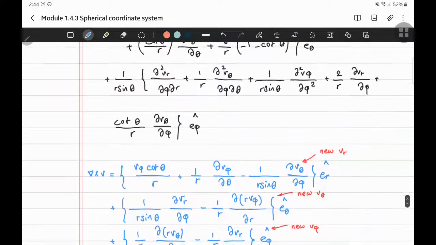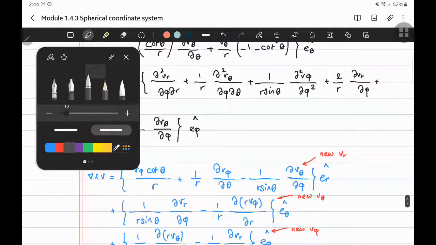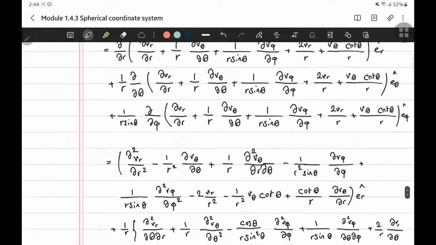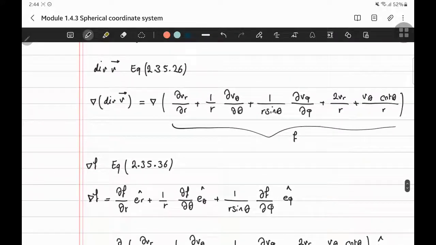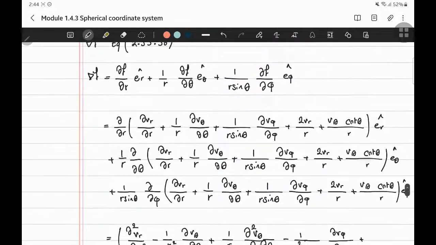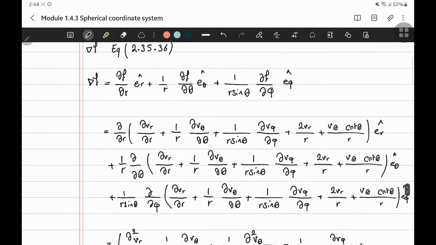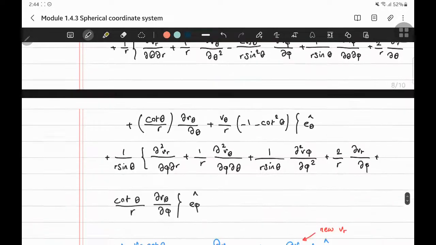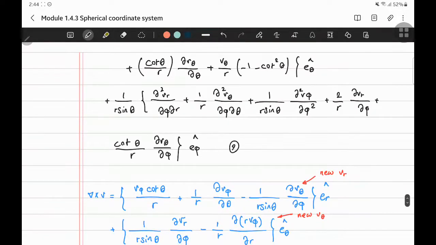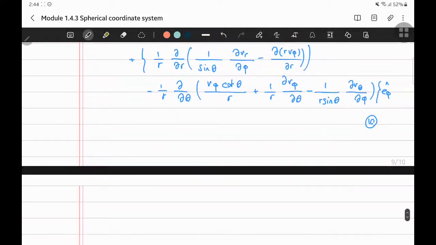And I call my previous equation here, which was the del of divergence of V, here as 9. And finally, I will have the Laplacian of V is equal to 9 minus 10.